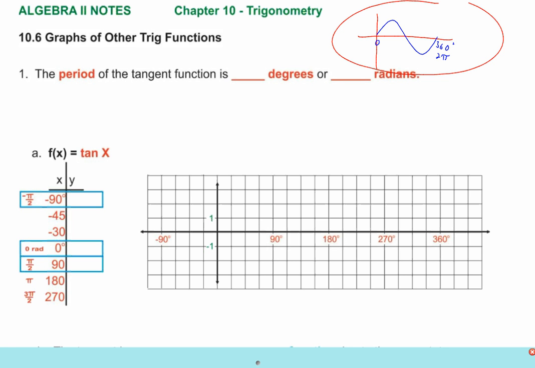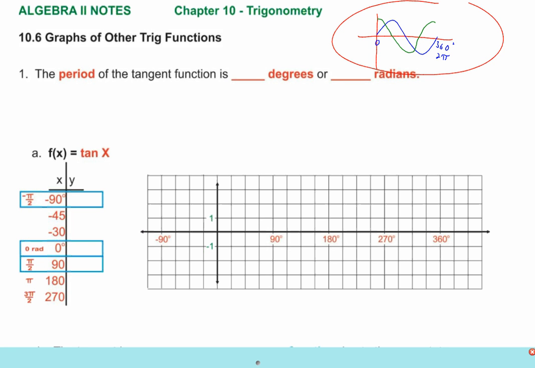If I were to sketch the cosine, it would look like that. Again, the period would be 360 degrees or 2 pi radians for both the sine and the cosine, and they keep going on forever and ever.